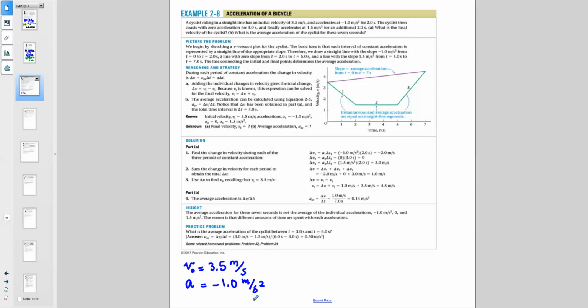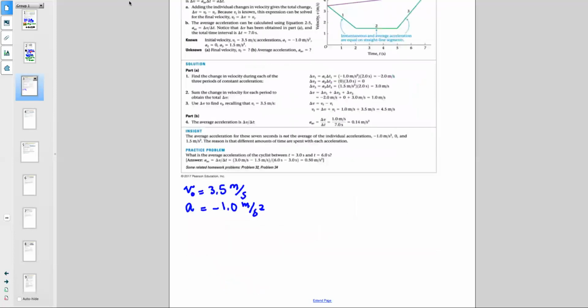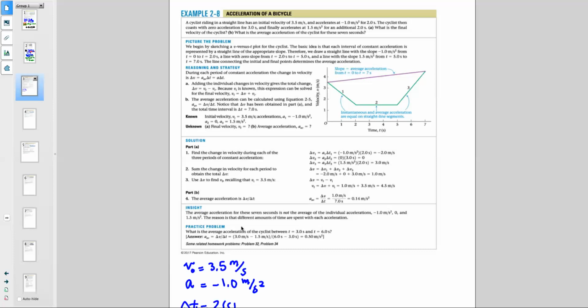So we know the time, delta t, is 2 seconds. That's what we know about it.